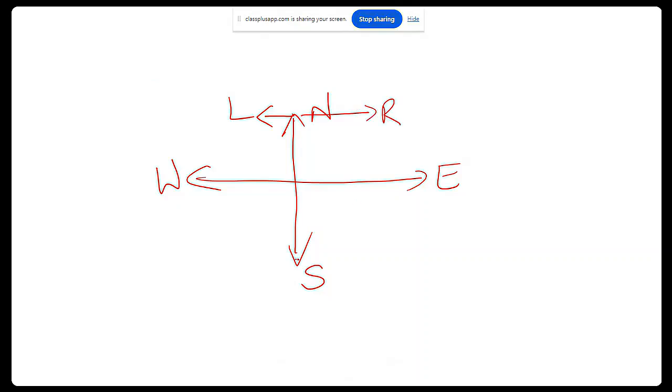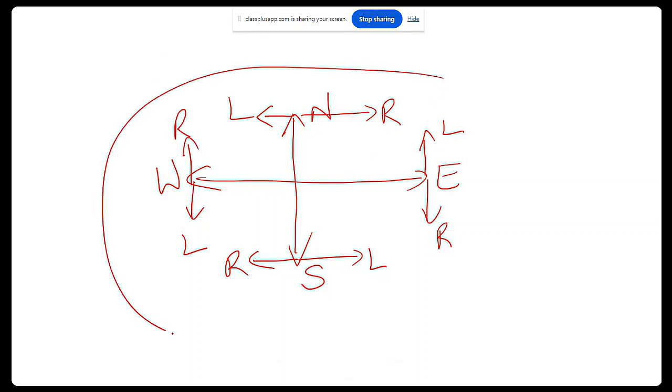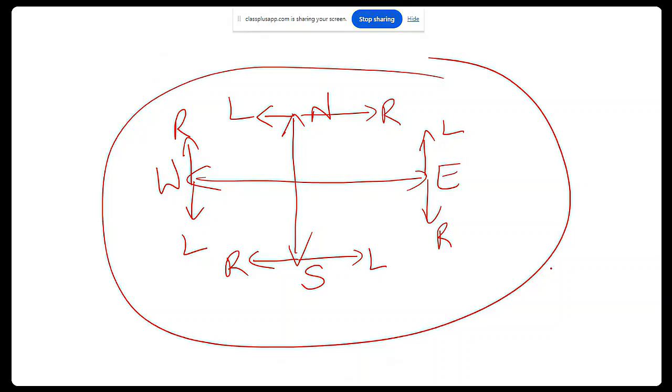For the person facing south, this is right and this is left. For the person facing east, this is left and this is right. For the person facing west, this is left and this is right. That's it. We go by these directions when people sit in a row. Is this clear? A few people have asked me to explain the directions.